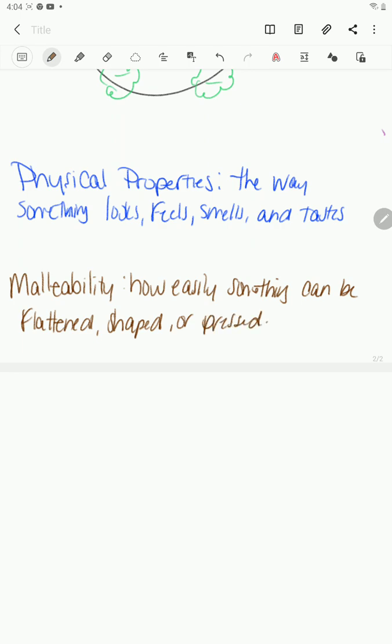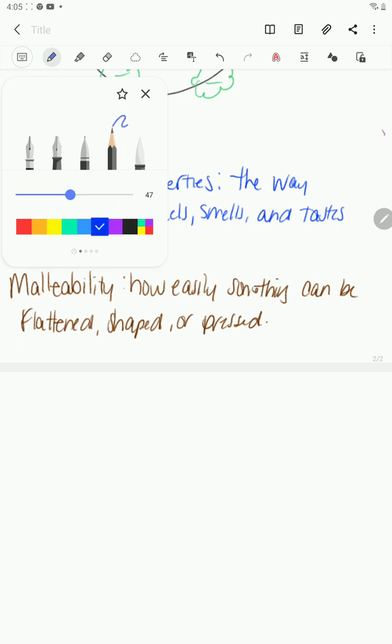So if we think of something that's very malleable, we would think of something like a marshmallow, right? Marshmallows you can smash, you can smush it in your hand, you can flatten it, you can make it into a heart, right? So it's very, very malleable.